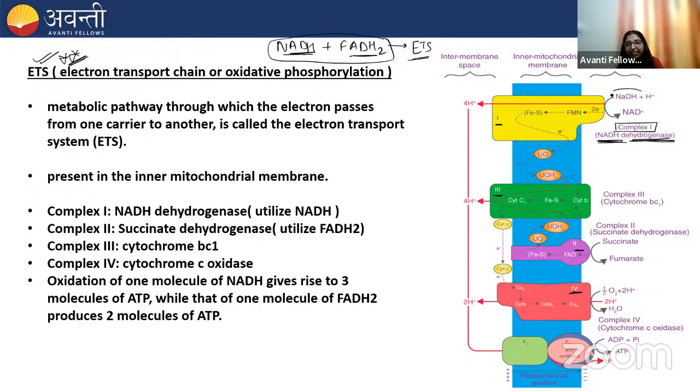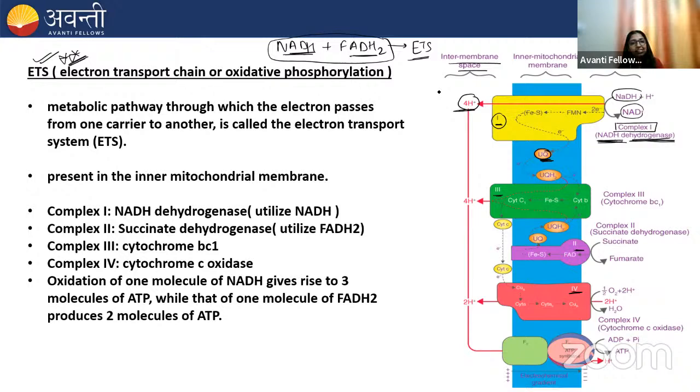The first complex is NADH dehydrogenase, complex number 1. At this point, NADH will be oxidized to NAD plus and the electron will be released. This electron from complex 1 will transfer to ubiquinone, and in return, 4 protons are transferred from the matrix to the intermembrane space of mitochondria.